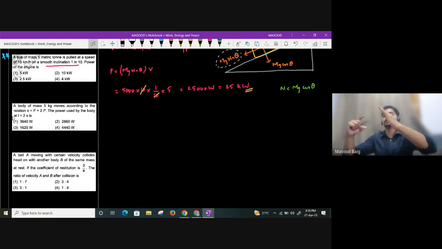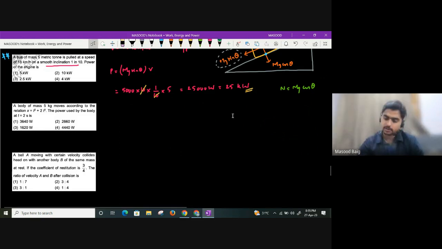Or if you are moving 1 unit in vertical direction, the inclination is 10 units. Whenever such concepts are there, you'll use that only. So when you move 1 unit in upward direction, how much is the inclination? 10 units again. That is the concept. 1 in 10 means 1 unit in vertical, 10 units along the incline.